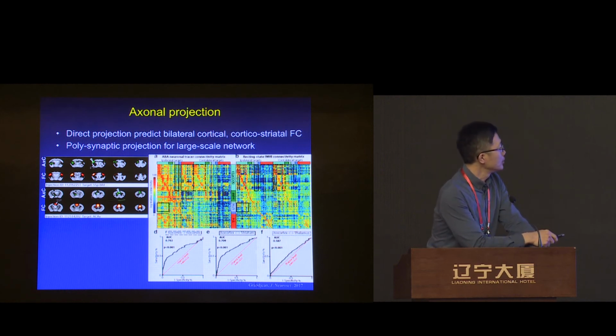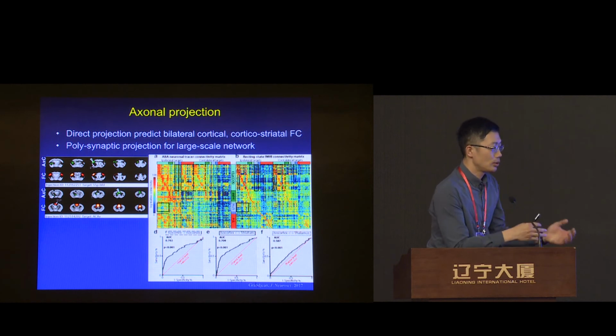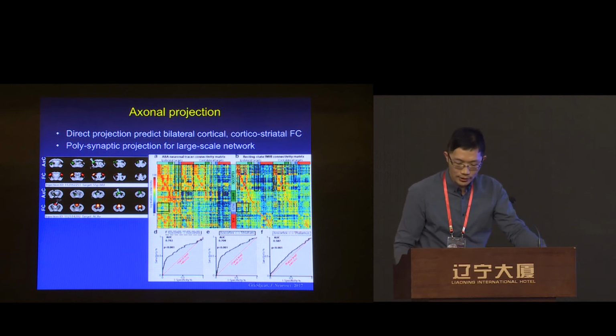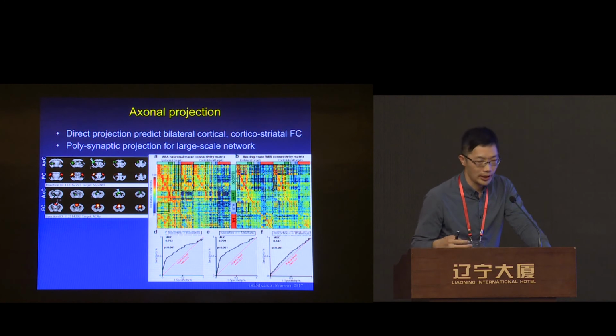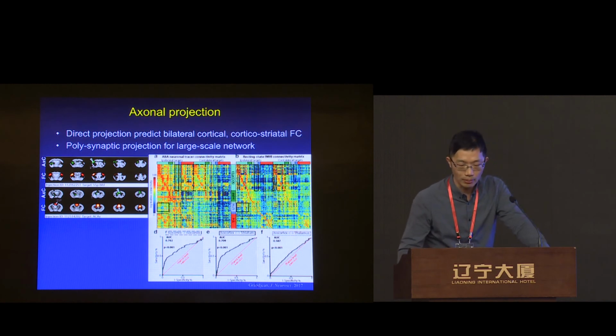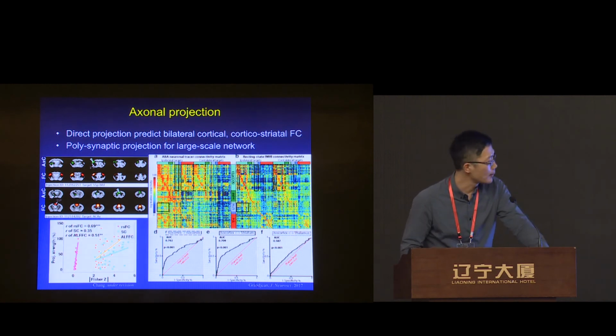Also, for the large-scale network like the default mode network, when compared to the injection site in the anterior cingulate, you don't see a good overlap. So that may indicate that the large-scale network is going through polysynaptic projections.